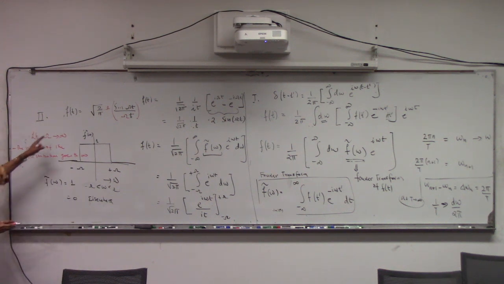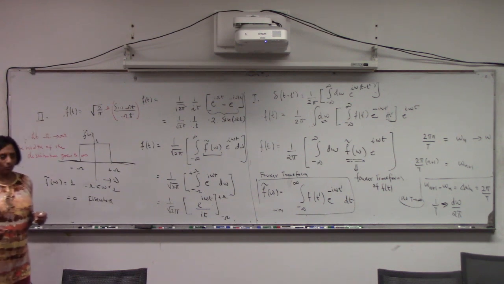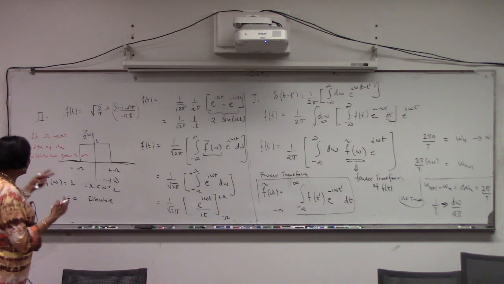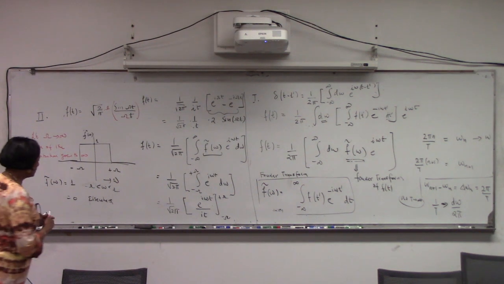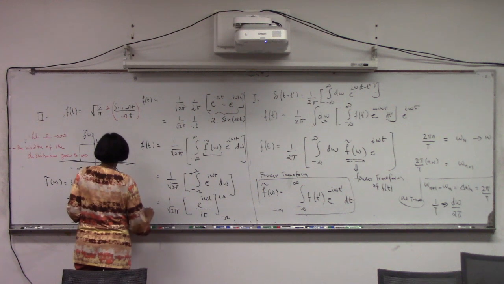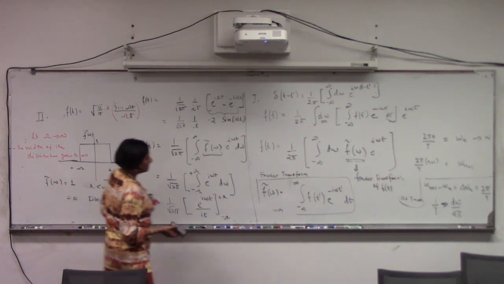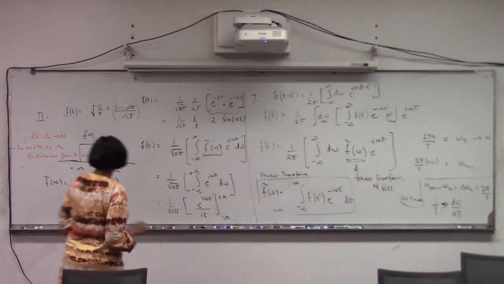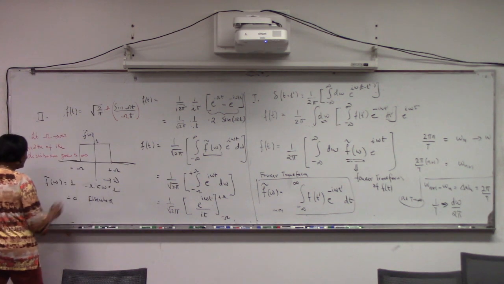Alright, so if you plot that function, how does it look? At omega t equal to 0, what happens? If I want to plot f of t as a function of t, so this is f tilde omega, okay?